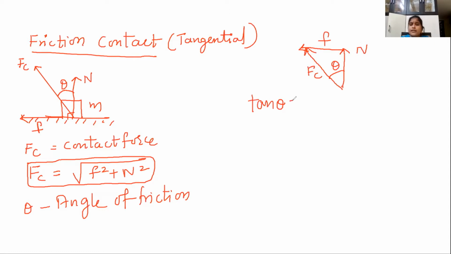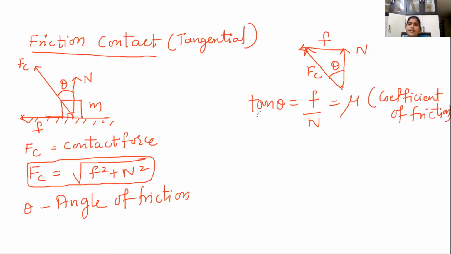The opposite side to theta is the frictional force, and the adjacent side is the normal force. This tan theta is called mu, the coefficient of friction. So coefficient of friction is tan theta, represented by the Greek letter mu, equal to frictional force divided by normal reaction.